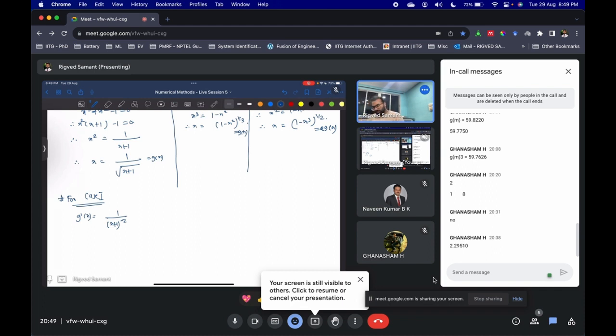This is your g of x. Raised to minus 3 by 2. Right? So this is x plus 1 raised to 1 by 2, so it becomes minus 1 by 2.